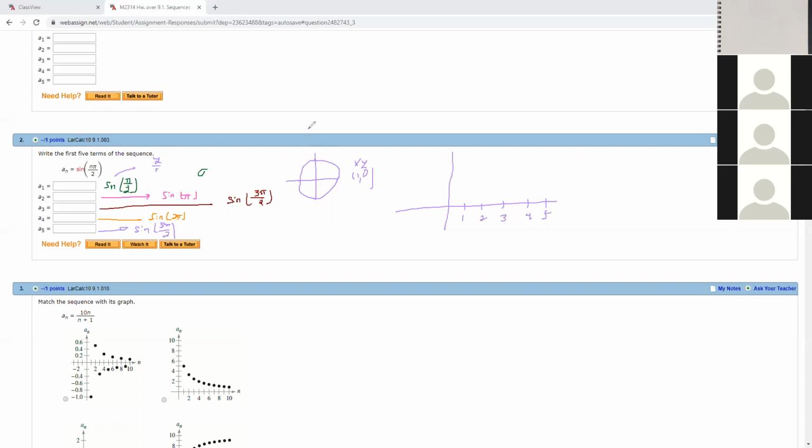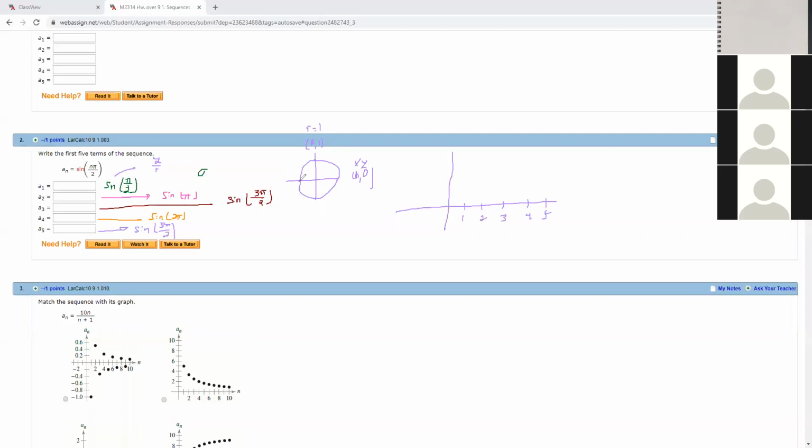And if we use radius 1, you could pick any radius you want except for 0. You wouldn't have a circle then. But anyway, if the radius is 1, that's just the simplest circle. Then from here out to here would be 1. And so that's why this point would be 1, 0. And this point would be 0, 1, and so forth.